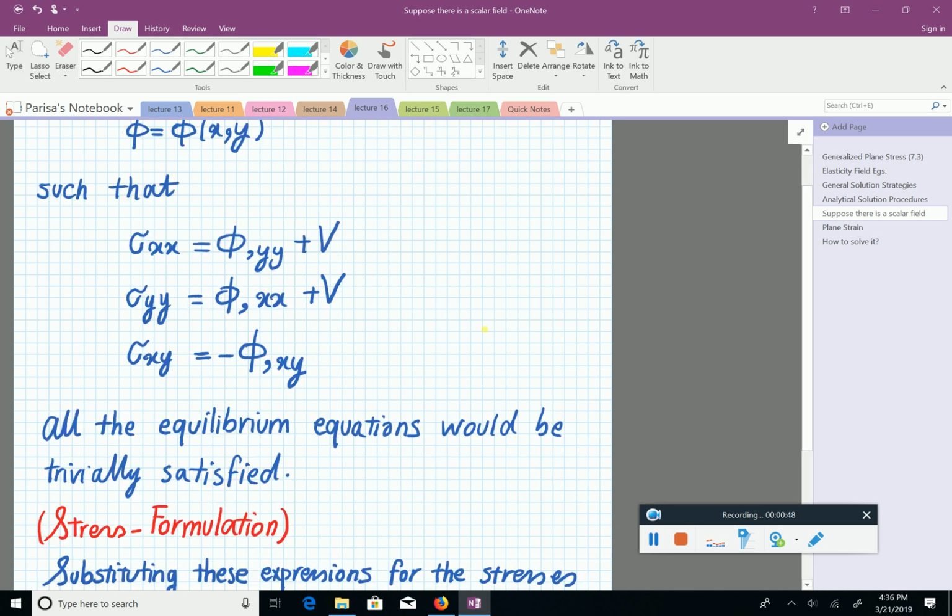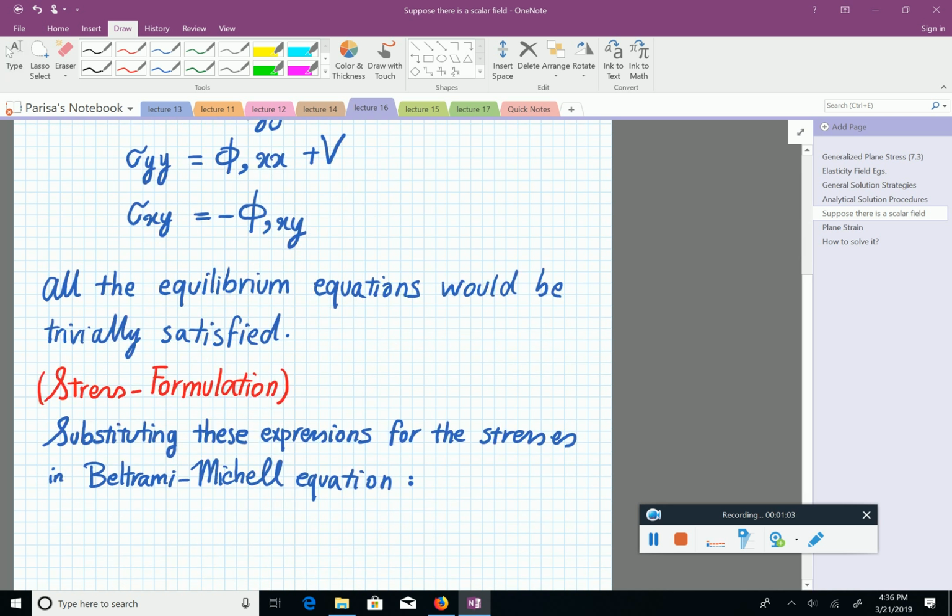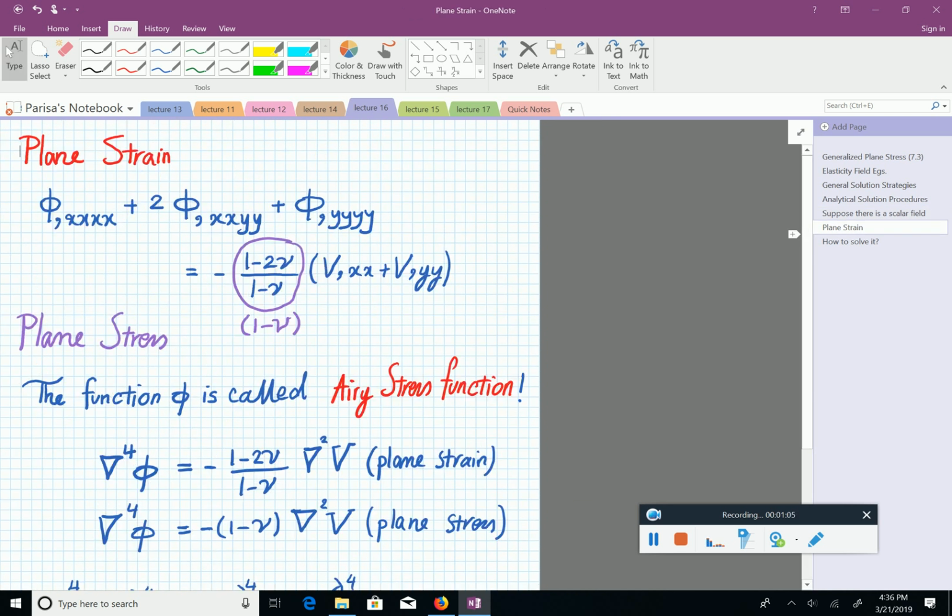And then what we had to check was whether the compatibility equation is satisfied. So if you take these stresses and put them in the Beltrami-Mitchell equation, then we arrived at this equation where you have fourth derivatives of this Airy stress function.